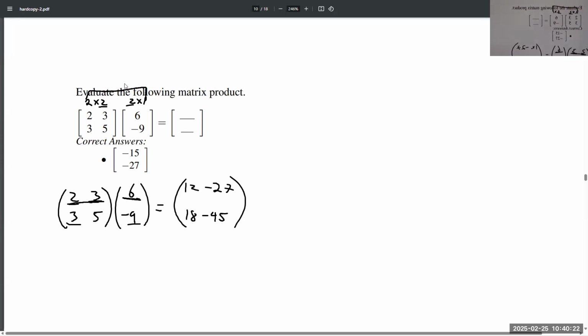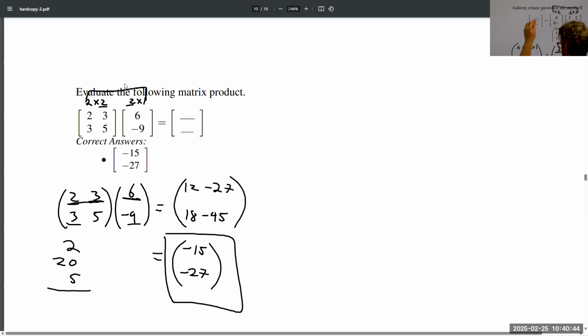What does that equal? Subtract 12 from 27, that gives you -15. 18 minus 45 is -27. Okay. Negative 15, negative 27.